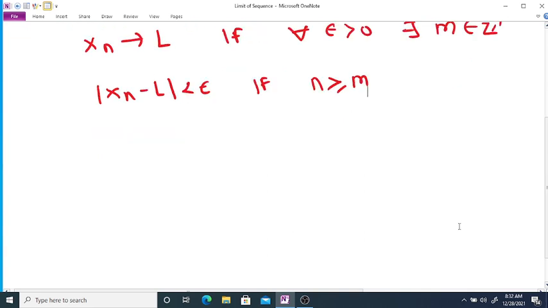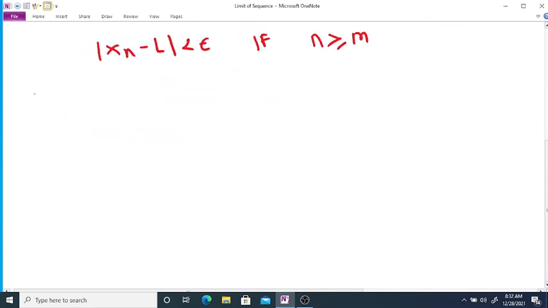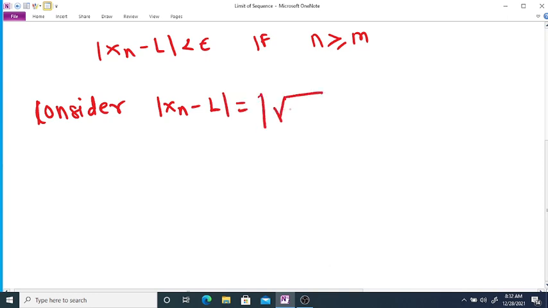So if we consider xn minus L, then it is equal to square root of n plus 1 minus square root of n minus the limit, which is 0.